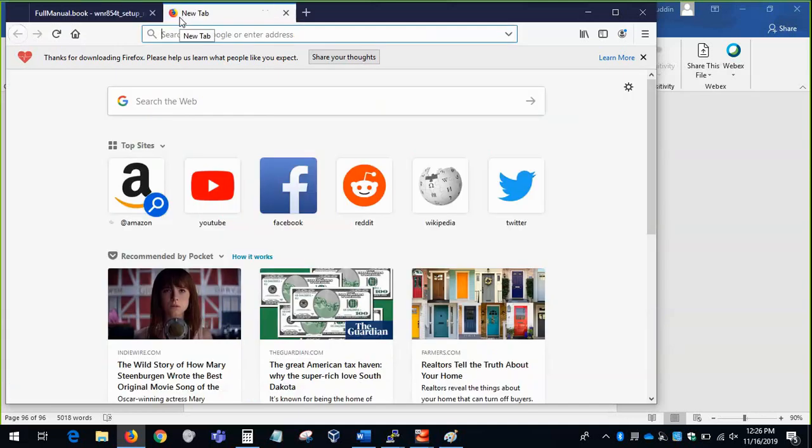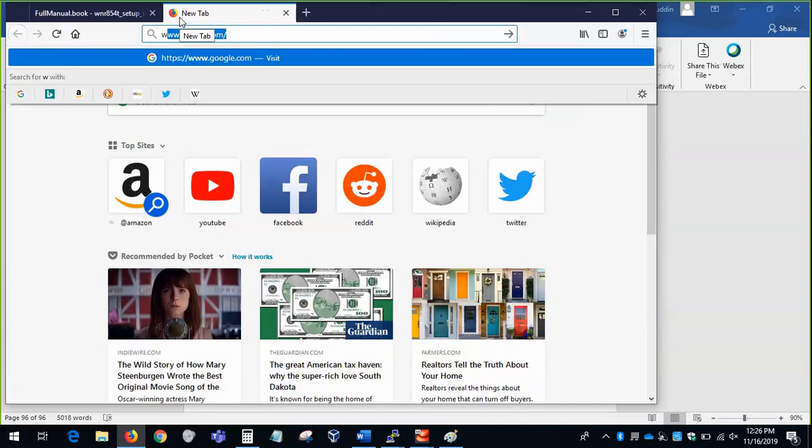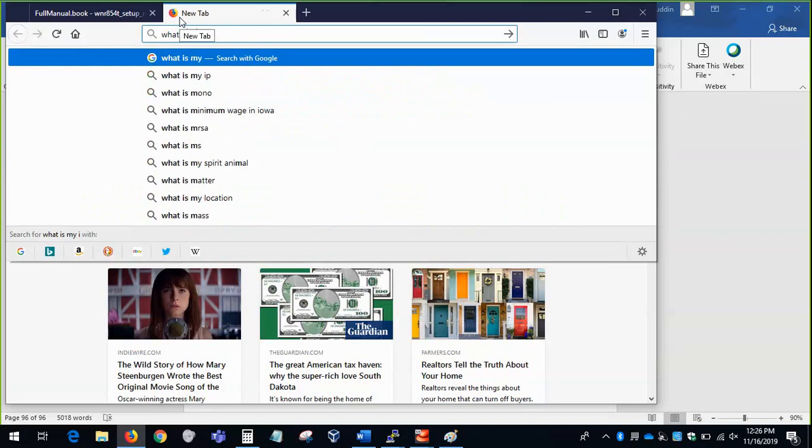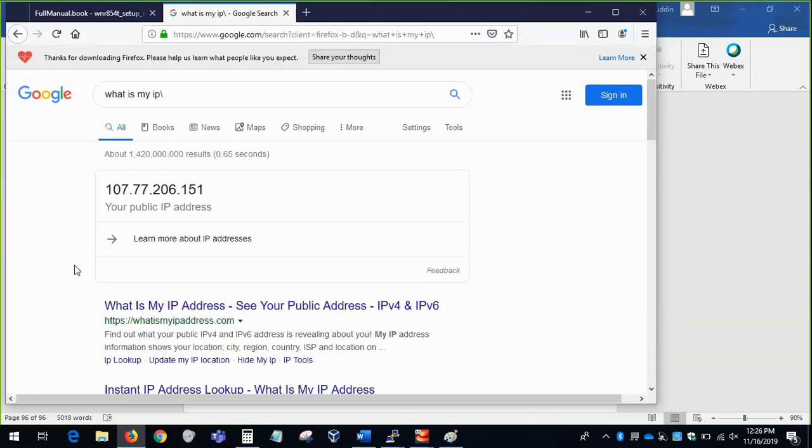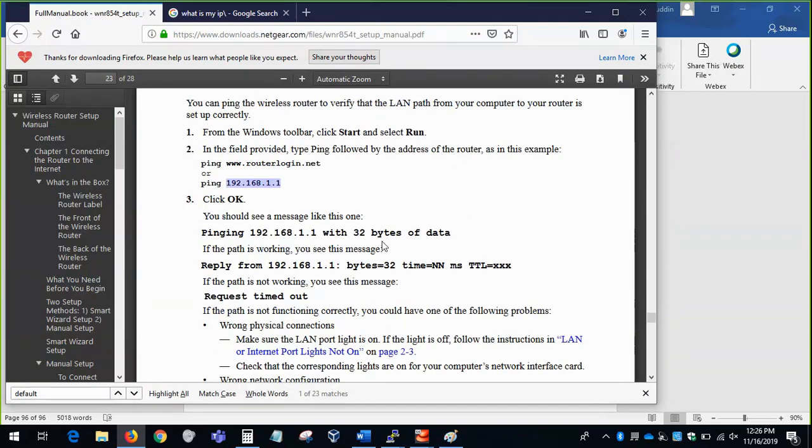So let's look at the IP address for my computer. If we pick some other router company, it will have something other than 192.168.1.1. Most of them start with 192, but it doesn't have to.